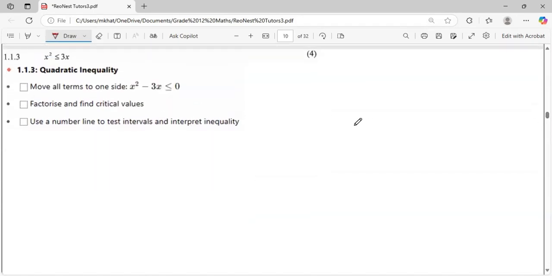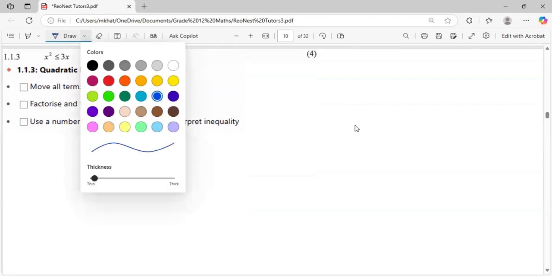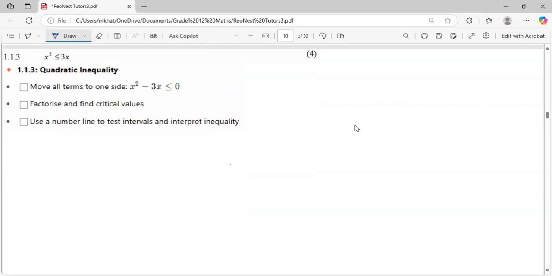So 1.1.3, the third question in question 1.1, that's your inequality. So with your inequalities, have at the back of your mind that you're going to use a number line, or a graph. In this case, you're going to move all items to the other side, you transpose.